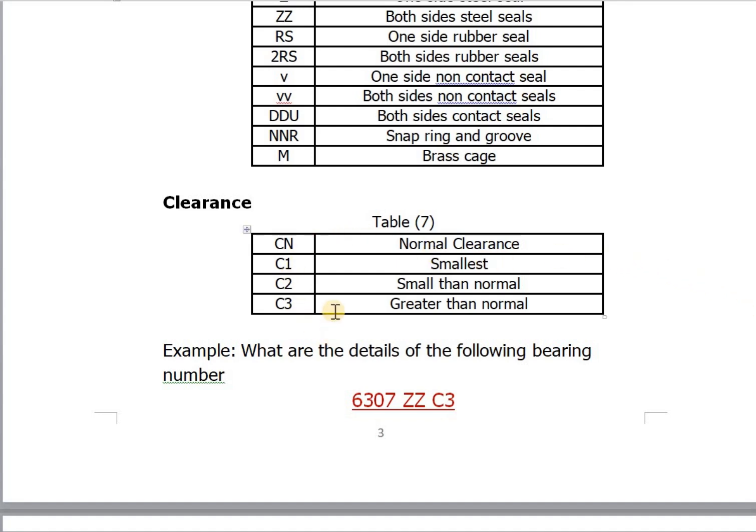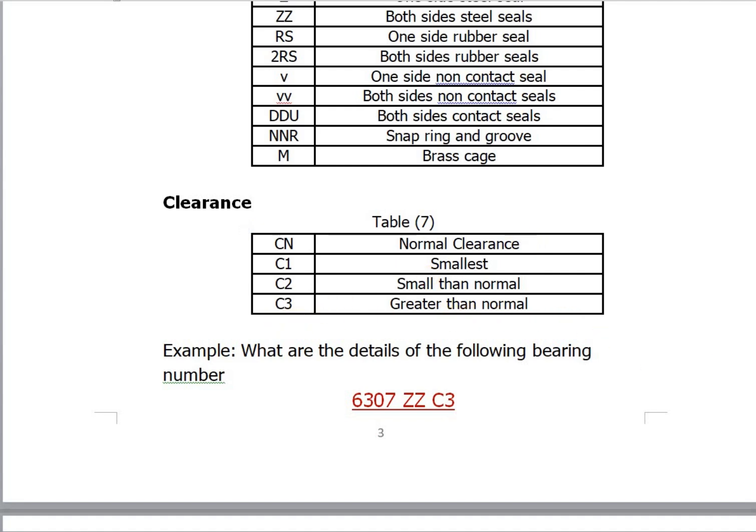The extreme right letters generally indicate the clearance. For example, if we find CN, that means normal clearance. C1 is the smallest clearance. C2 is smaller than normal.